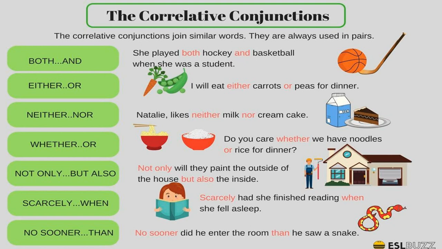Either or: I will eat either carrots or peas for dinner. Neither nor: Natalia likes neither milk nor cream cake. Whether or: do you care whether we have noodles or rice for dinner? Not only but also: not only will they paint the outside of the house but also the inside.